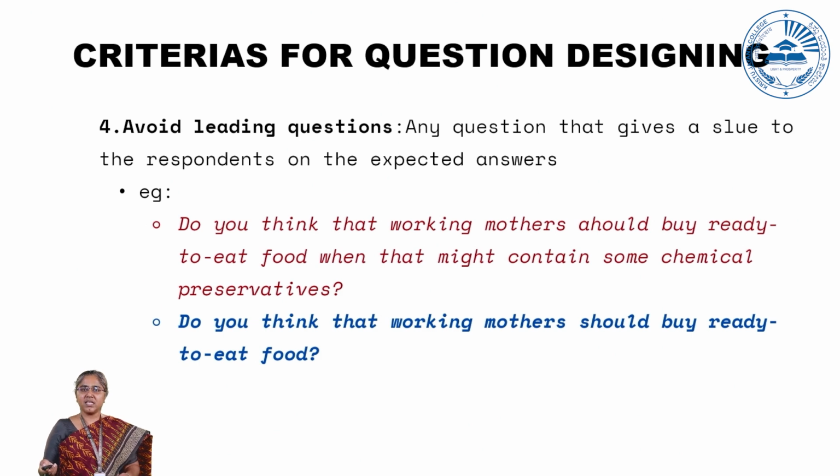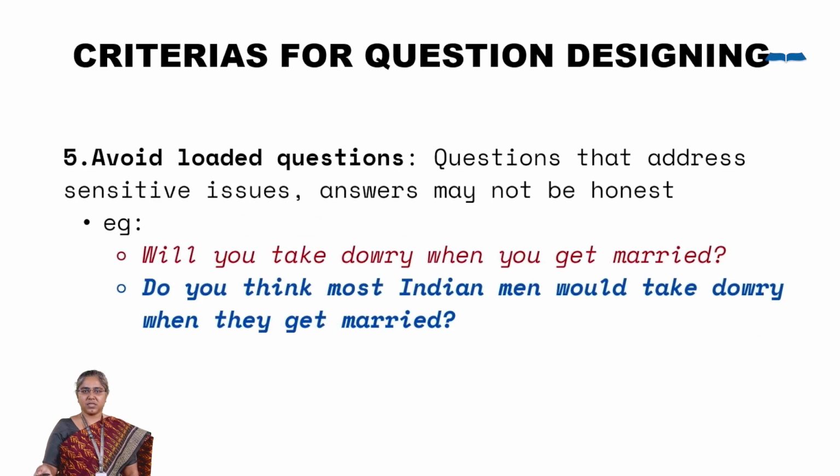Over here, we see that we are forcing the respondents to give the answer no. So such kinds of questions must be avoided. The next question, do you think that working mothers should buy ready-to-eat food, is more of a neutral standpoint where the responder can take his side. So avoid leading questions.